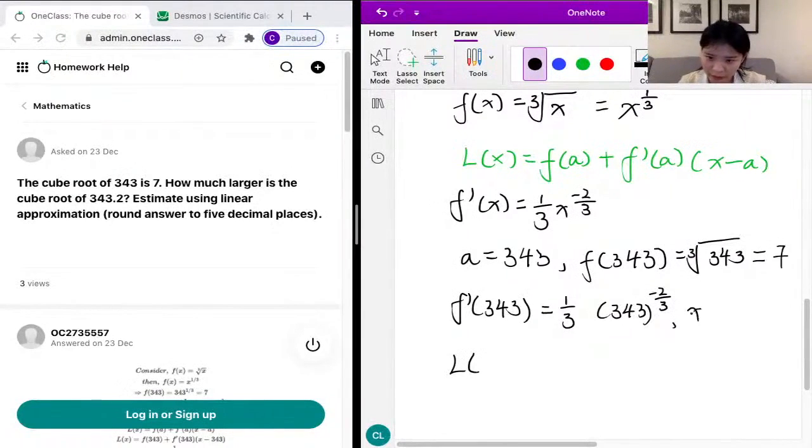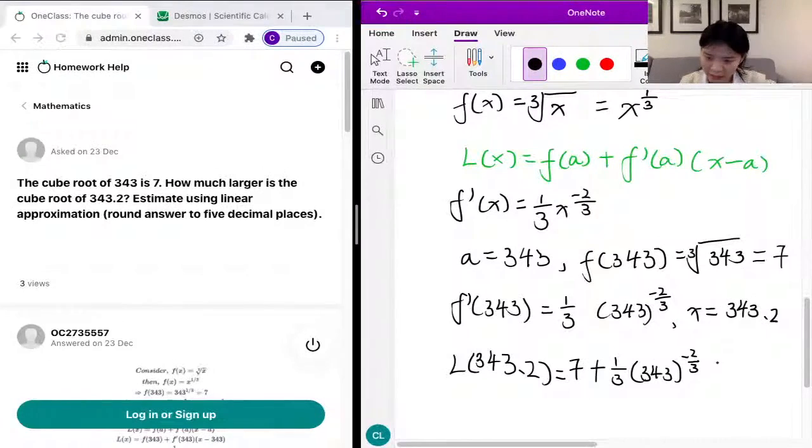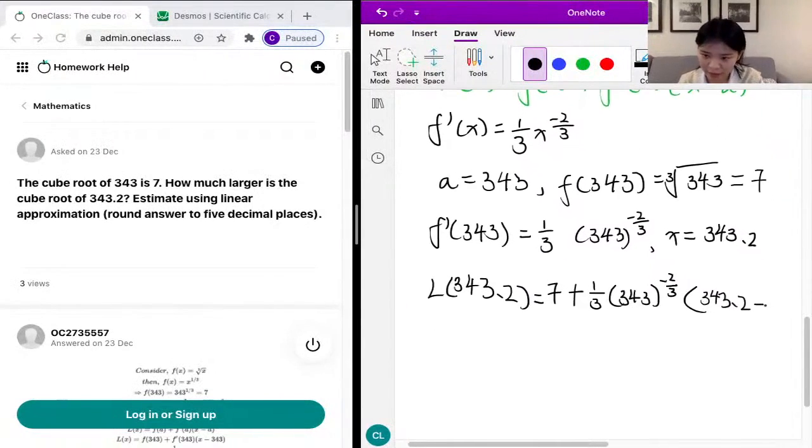So L of 343.2 is equal to f of a, which we already know is 7, plus f prime of a, which is 1 over 3 times 343 to the power of negative 2 over 3, and that expression is multiplied by x, which is 343.2, minus a, which is 343.